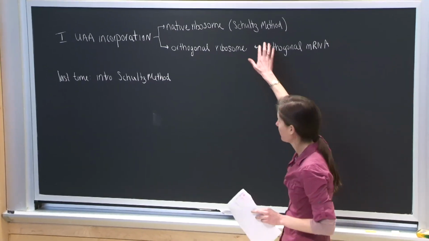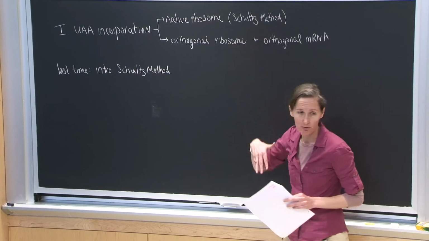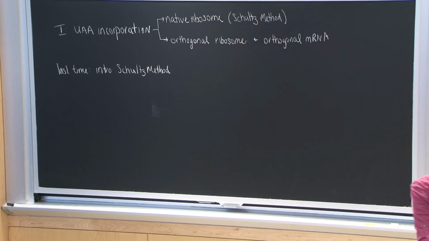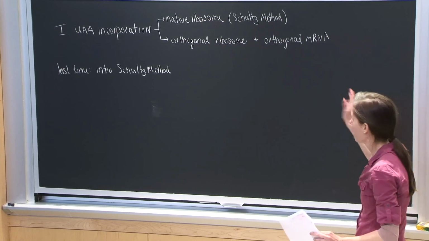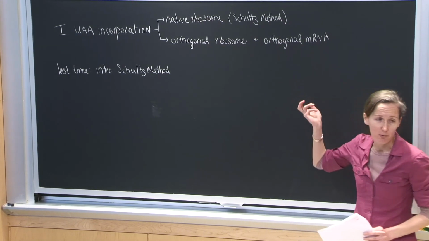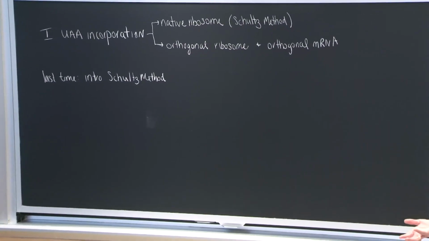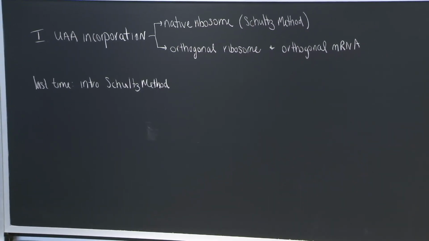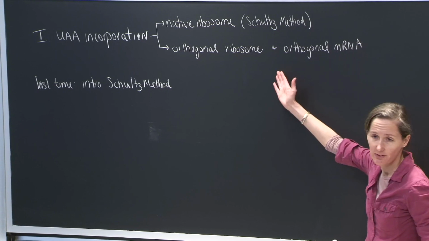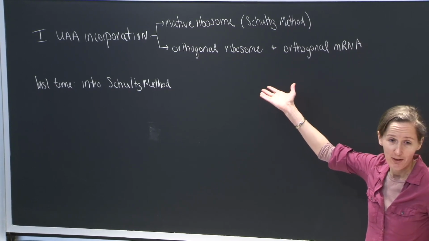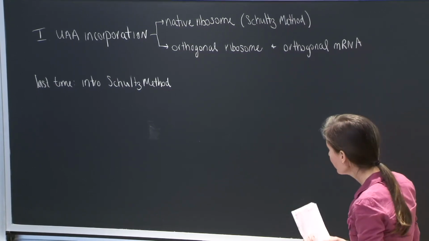So we'll work through this further to show how the rest of the machinery was generated, and then we'll consider some of the limitations, and some of that came up in questions last time. And then we'll close with a discussion of a different strategy that actually uses an orthogonal ribosome, which is really, really neat.